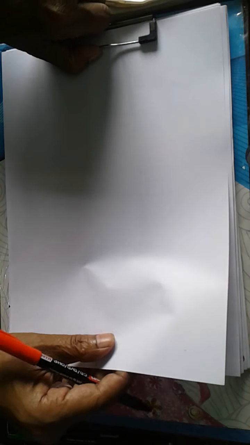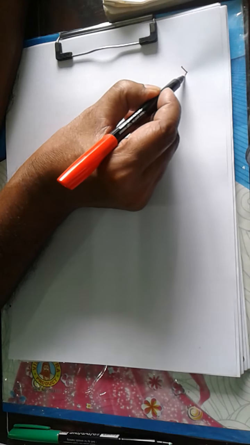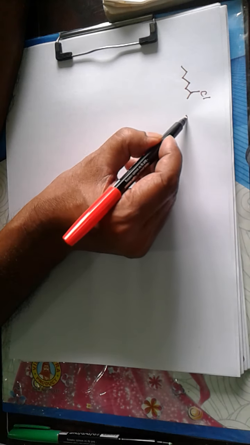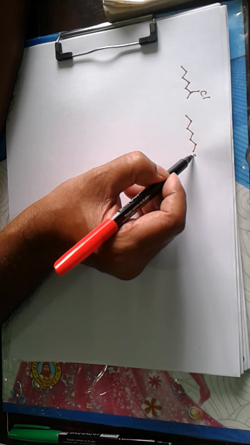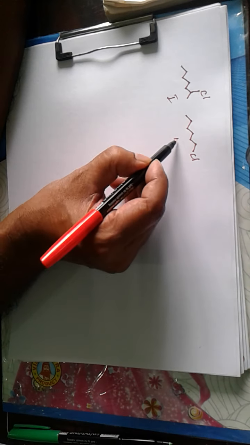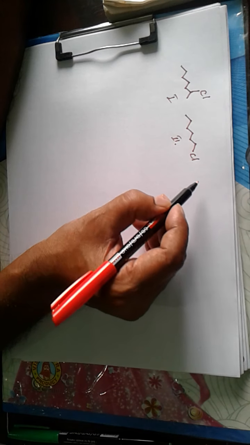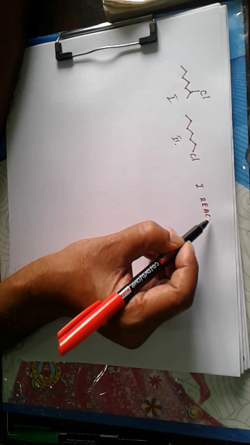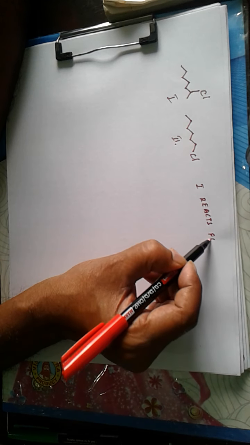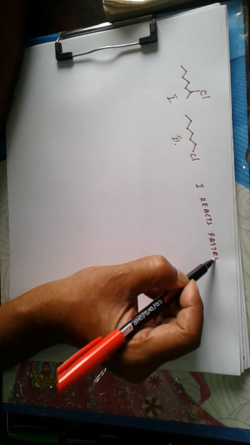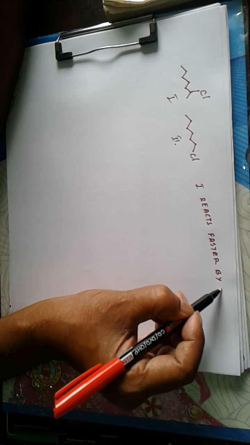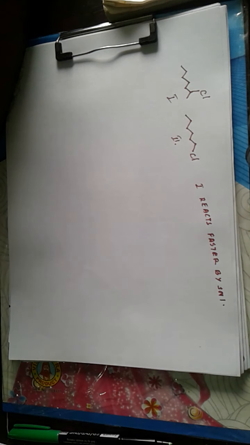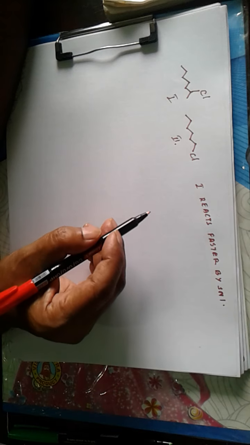Another set of examples are given, one and two. Evidently one should react faster, because it gives a secondary carbocation, whereas 2 gives only a primary carbocation.